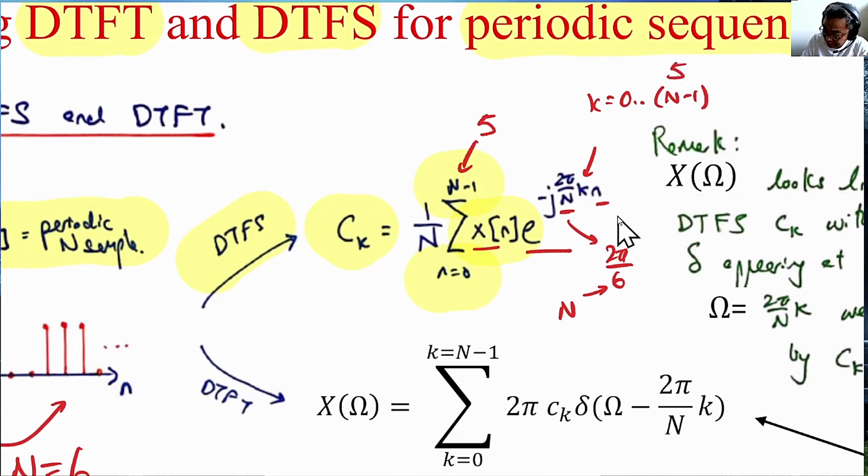In this example, k equals 0 to 5. We then calculate the DTFS coefficients. So that's the basic idea of DTFS.